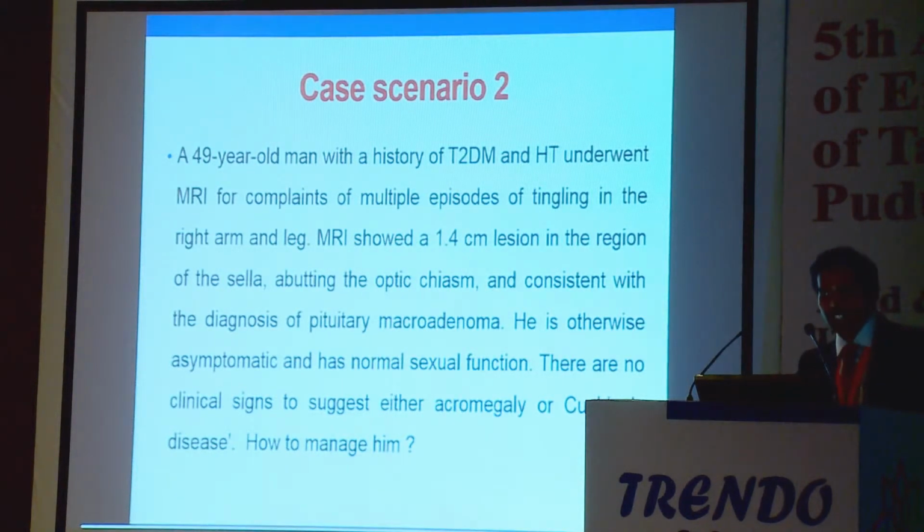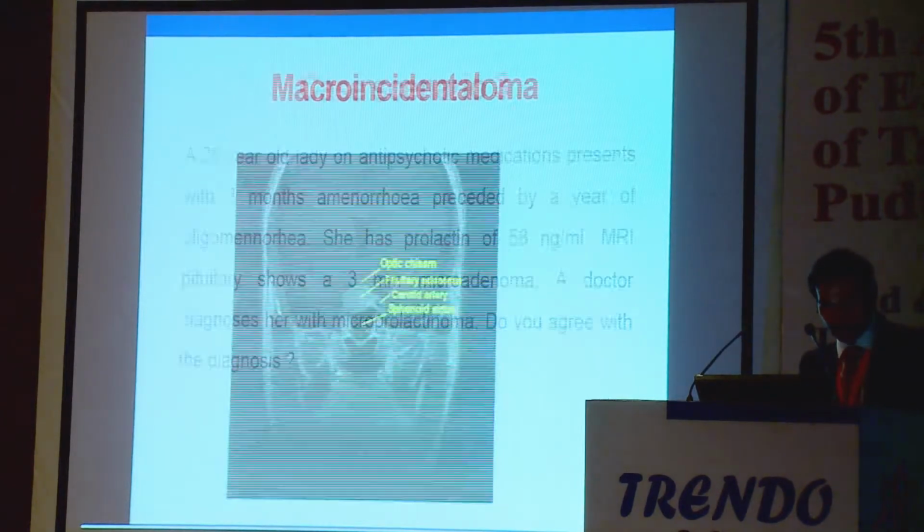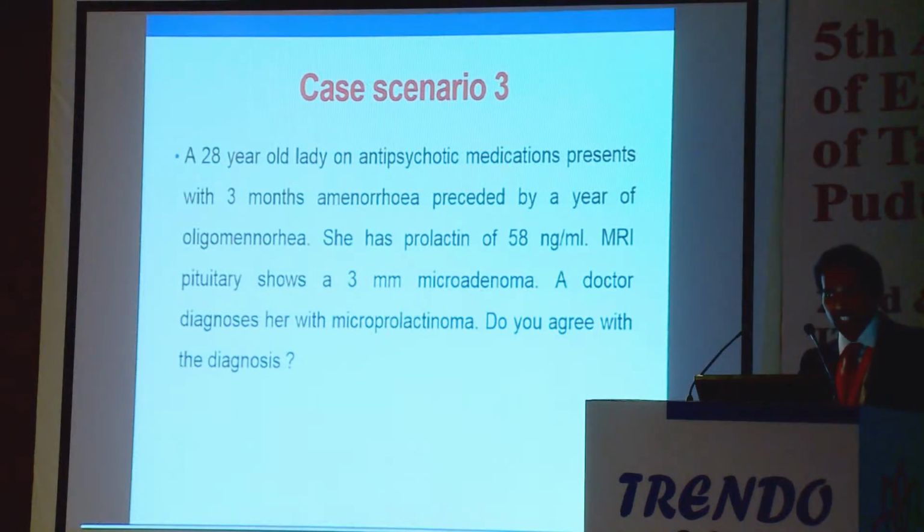He is otherwise asymptomatic and has normal sexual function. There are no clinical signs to suggest acromegaly or Cushing's disease. So this is yet another scenario. This is a macroadenoma just abutting on the optic chiasma. And we have a third scenario.